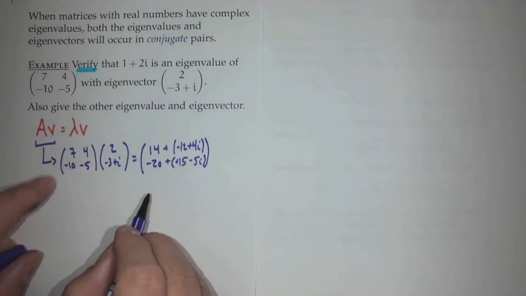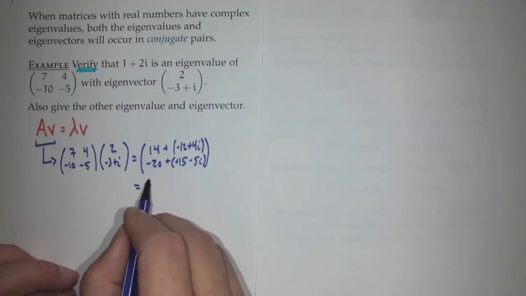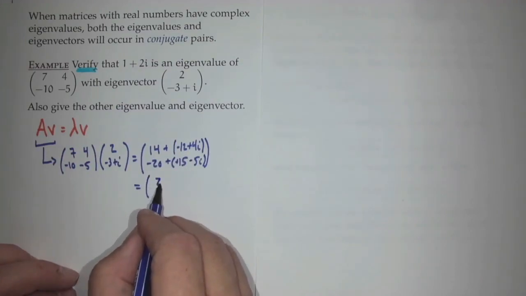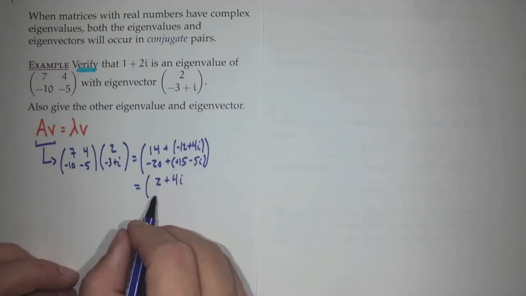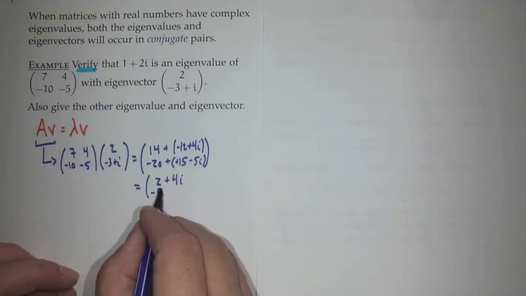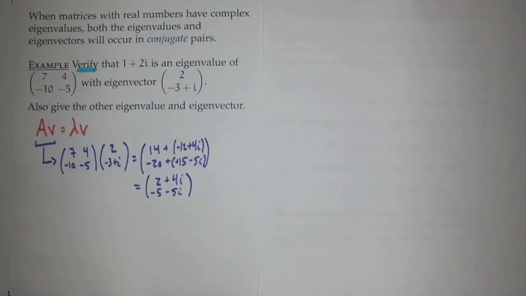Well, that's not so bad. 14 plus negative 12 is 2 plus 4i. Negative 20 plus 15 is minus 5, minus 5i. Now, when you look at this, you might say, wait a second, I don't see a common term to pull out of here.